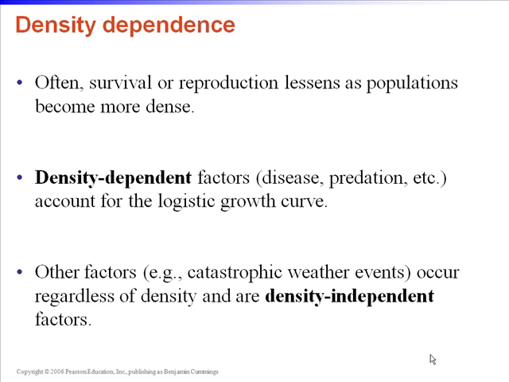So floods, fires, hurricanes, unseasonable weather, habitat destruction, all those things are independent of the density of the population. So some limiting factors have a greater effect as population density increases. Those are density dependent, and some are independent of density, and those are called density independent factors.